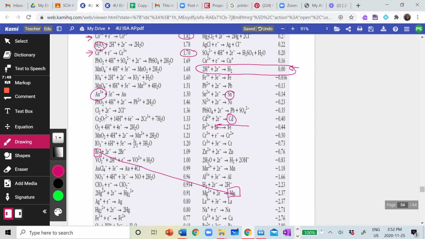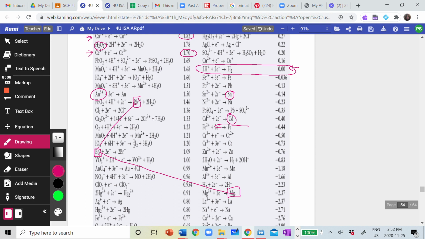If I were to try to pick, let's say, lead over here, this reaction involving lead and water, see how the reducing agent is above the oxidizing agent? It would be a diagonal line going that way. That would lead to a negative cell potential, and that would not be spontaneous.